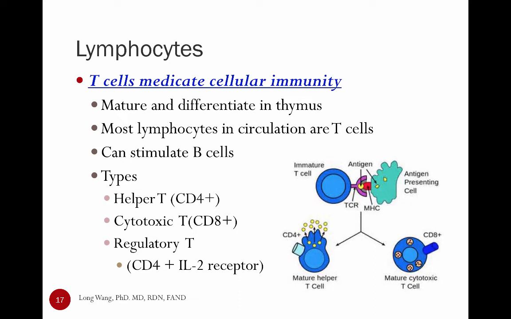So the immune system won't be able to coordinate to launch effective immune responses to protect the body against infections. So that's why when it progresses to a certain stage, HIV positive individuals may get sick more often because of that.